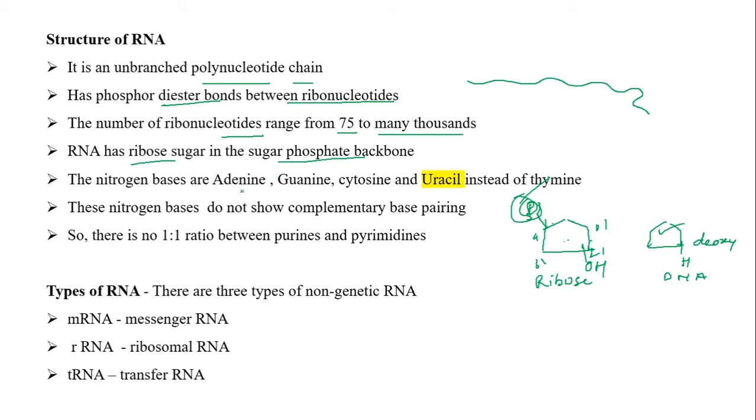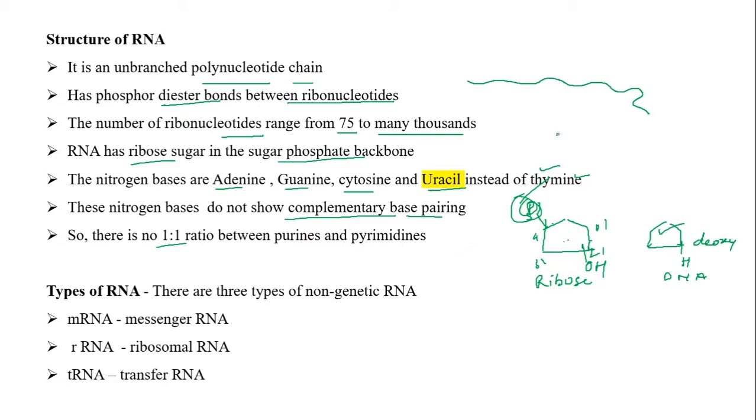The nitrogen bases are the same, like it has adenine, guanine, cytosine, but instead of thymine, RNA has uracil. DNA shows thymine, instead of that, in RNA we find uracil. These nitrogen bases do not form complementary base pairing. So, they do not exist in 1:1 ratio.